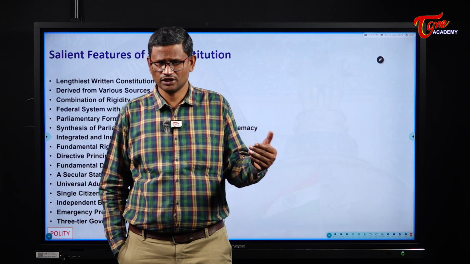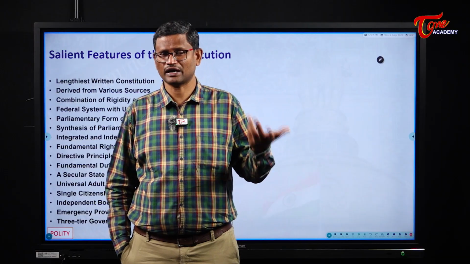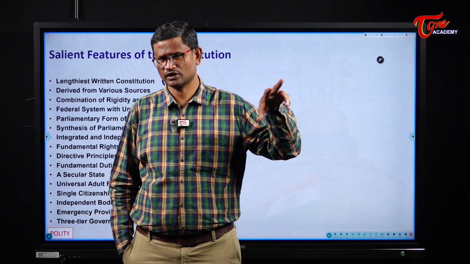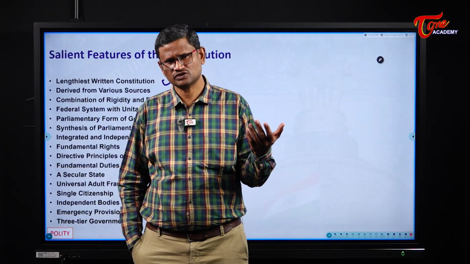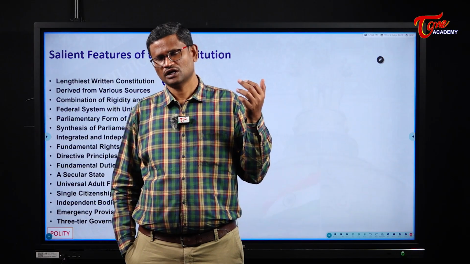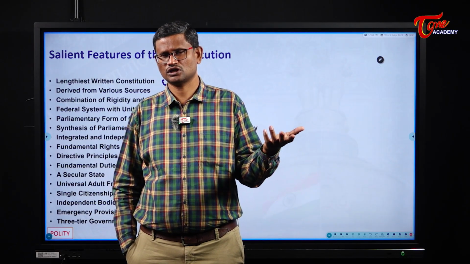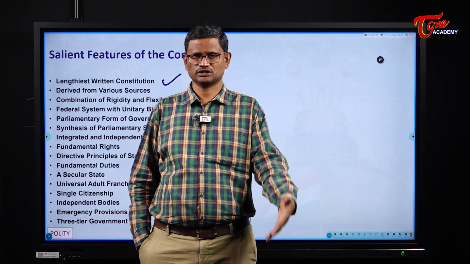In addition, we have certain regions inhabited by the tribals who are the most backward in the country. They are also provided with certain constitutional safeguards. So the constitutional safeguards provided to the religious minorities, the tribal communities, and other backward classes which are socially and educationally backward also made the Constitution of India a lengthy document.